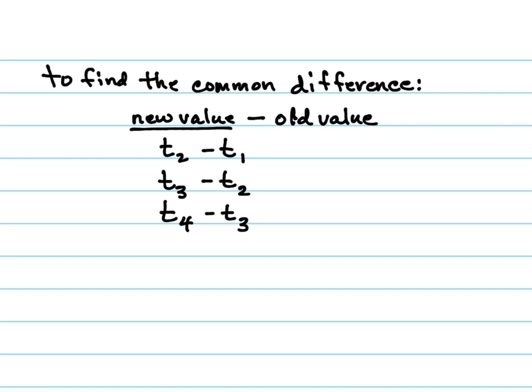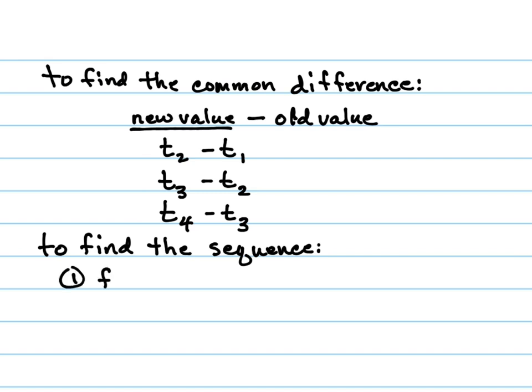Okay? Once you know the common difference, then we can determine a rule for finding any value in that sequence. So to find the sequence, what we'll do first is find the common difference. And if you remember, the common difference we call d.